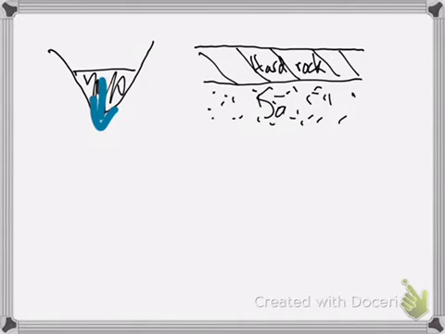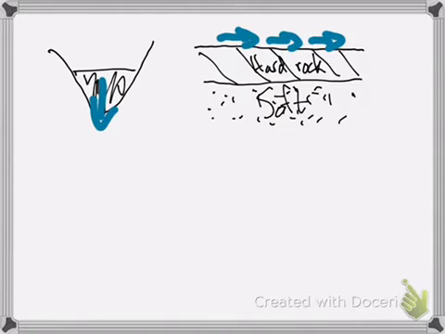This hard layer of rock at the top protects the soft layer underneath. Now imagine there's a river flowing here. It's not going to erode because of that hard layer of rock. It will take very, very long for it to erode.